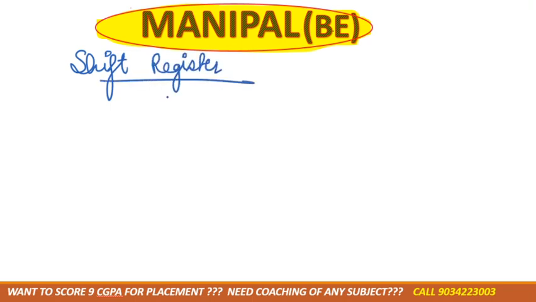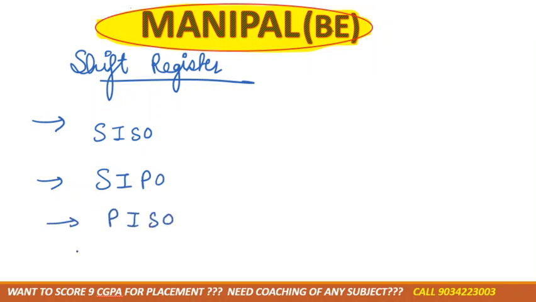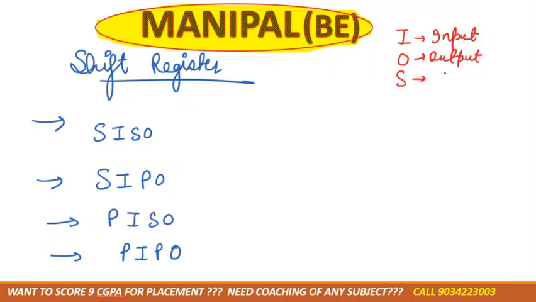Next one is the registers, or we can call it a shift register. So shift register is basically divided into four categories. One is SISO, another one is SIPO, another one is PISO, another one is PIPO. What is this? See, basically I stands for input, O stands for output, S stands for serial, and P stands for parallel.